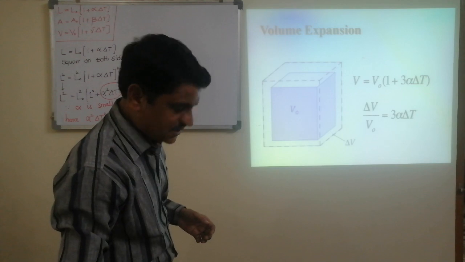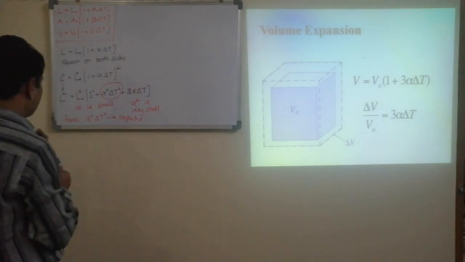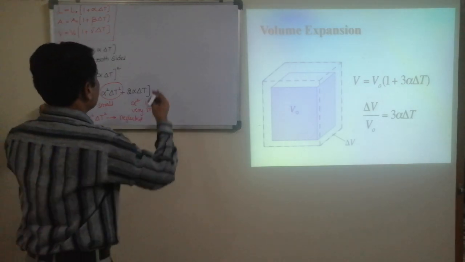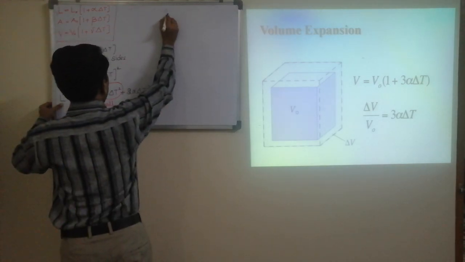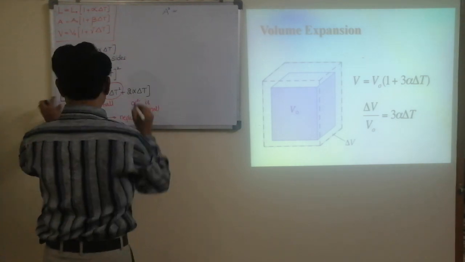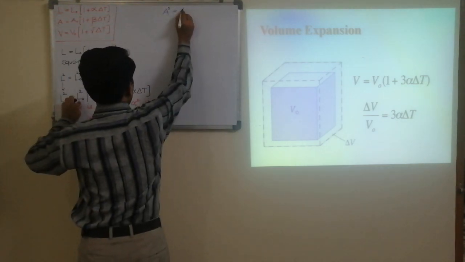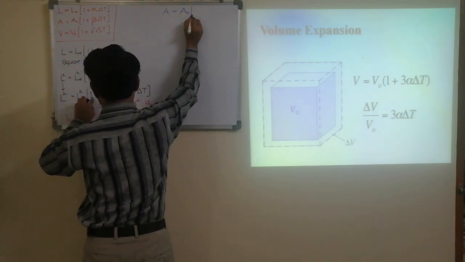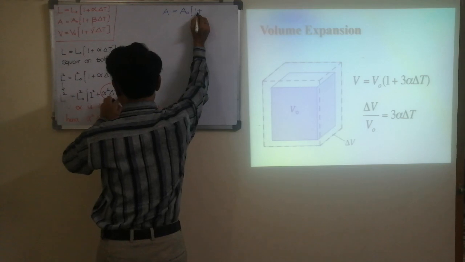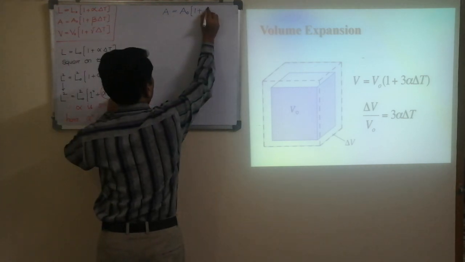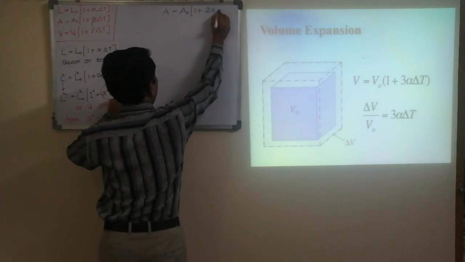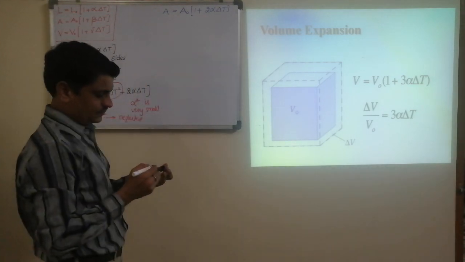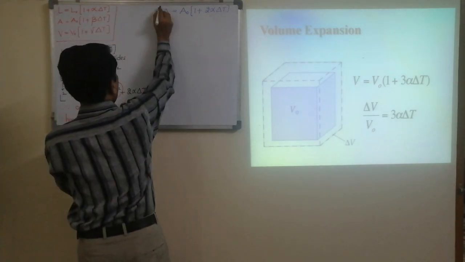When I neglect this term, then remember L square, if I take a square body, is nothing but A square. L naught square is nothing but A naught in bracket 1 plus 2 alpha into delta T. So this is our arrived expression.